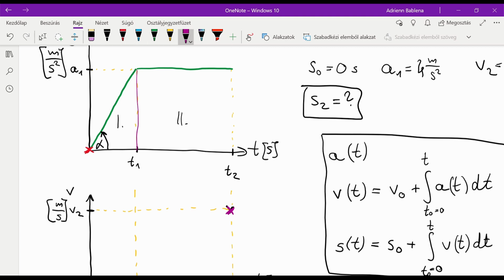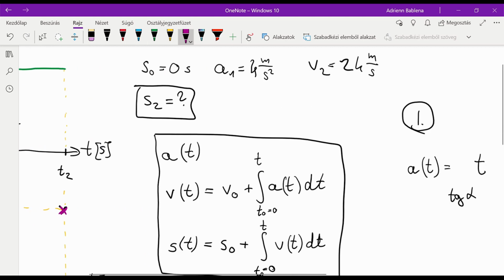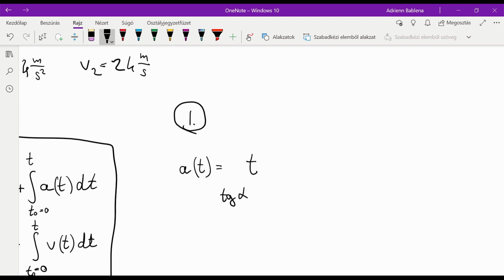We can write tangent alpha as A1 over T1. The opposite side of the alpha angle is A1, and the side next to alpha is T1. So tangent alpha we can write A1 over T1. Professor, can we use Pythagoras theorem directly on that triangle?